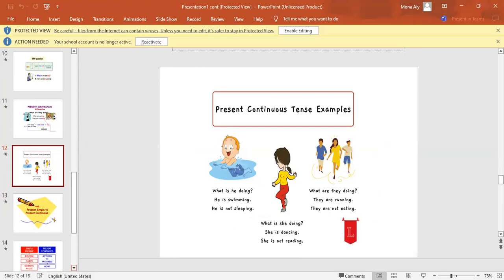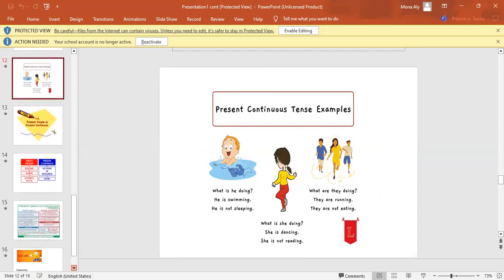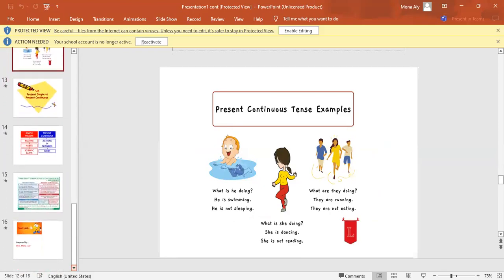Up till now, the present continuous, is it clear? في حاجة مش فاهمينها في ال present continuous؟ لا تمام. يبقى ال present continuous, it's an action that something is happening now. حاجة بتحصل حالا.